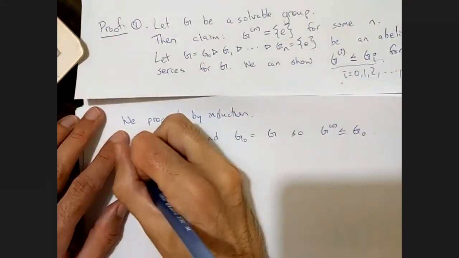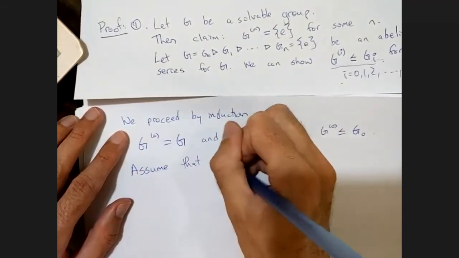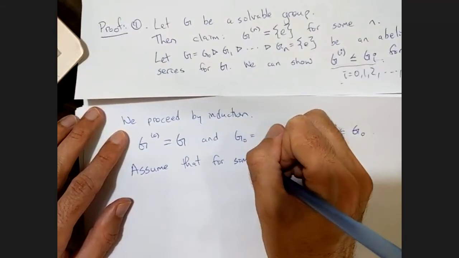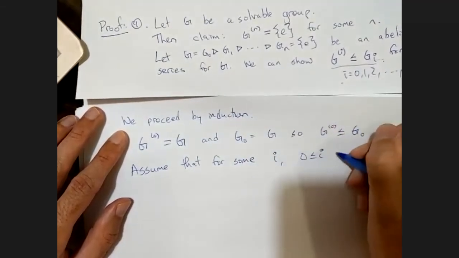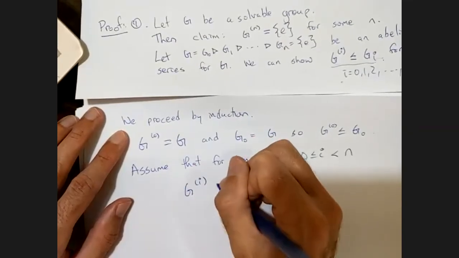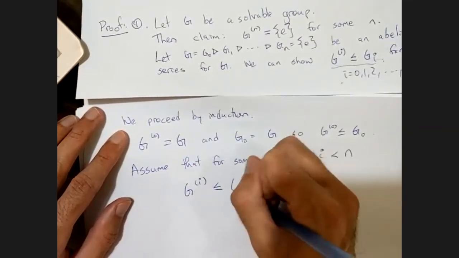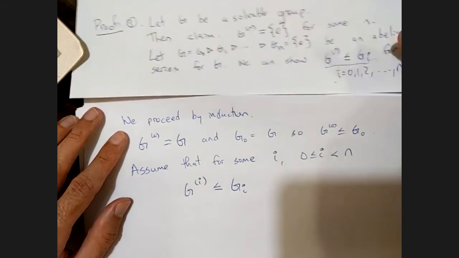Now assume that for some i, 0 less than or equal to i, strictly less than n, we have the ith commutator contained in G_i. So the ith commutator is contained in the ith term of this abelian series.